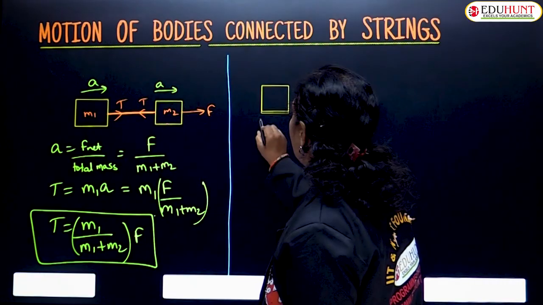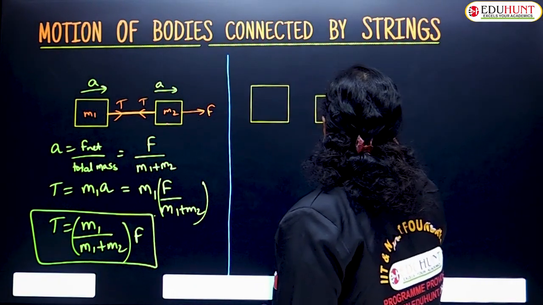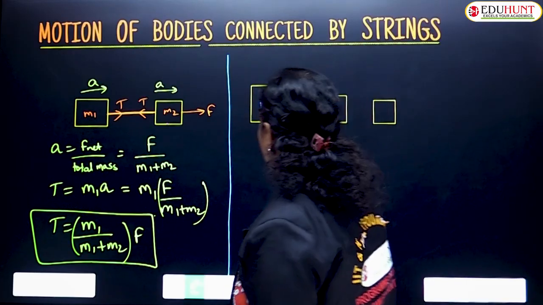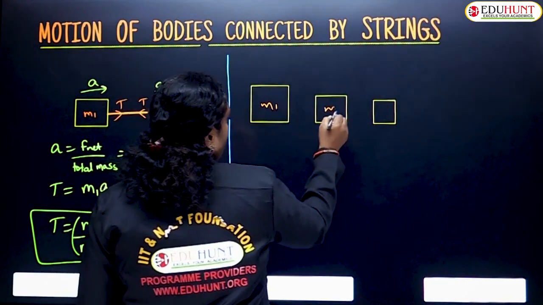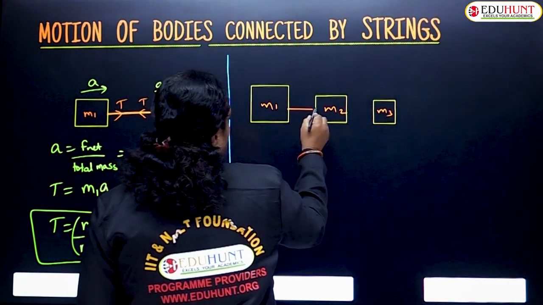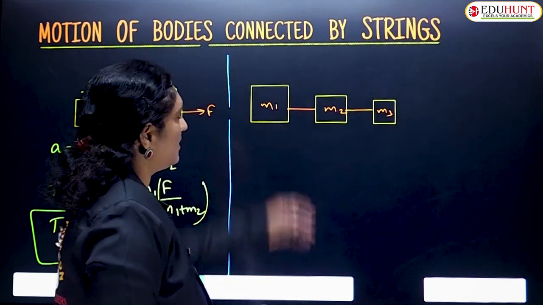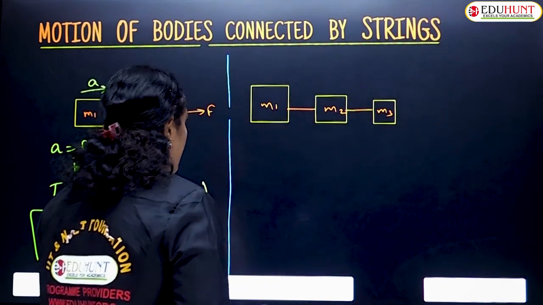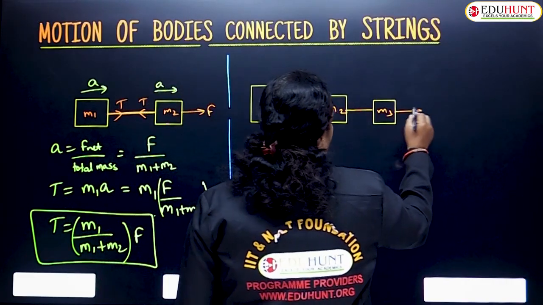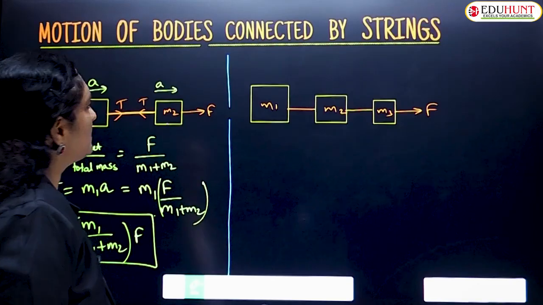Let us consider three blocks of masses m1, m2 and m3 connected by two different strings. These two are joined by one string and these two are joined by another string. Let us suppose some force F is applied on mass m3.